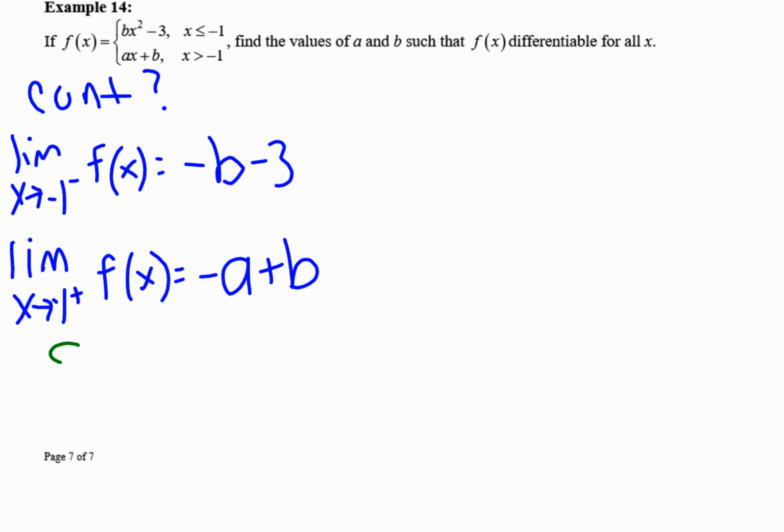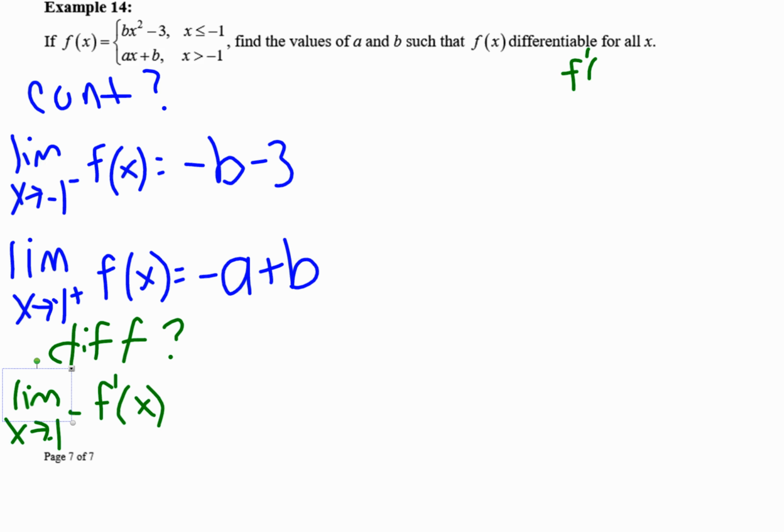Now, doing what I was trying to do earlier, let's check to see where it's differentiable. We're going to approach -1 from the left of f prime of x. Okay, and so f prime of x, we would have 2bx, this is what I was trying to do, and then a. So from the left-hand side, we would get -2b.